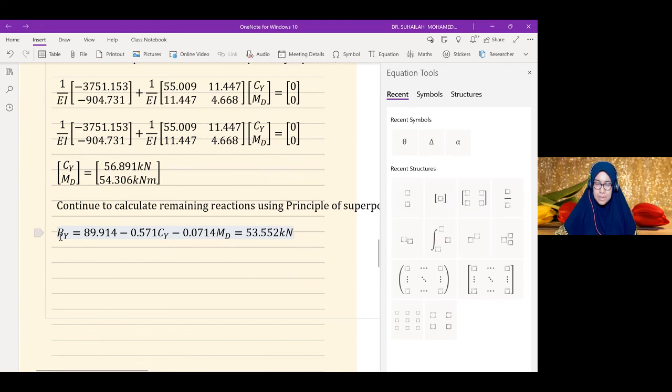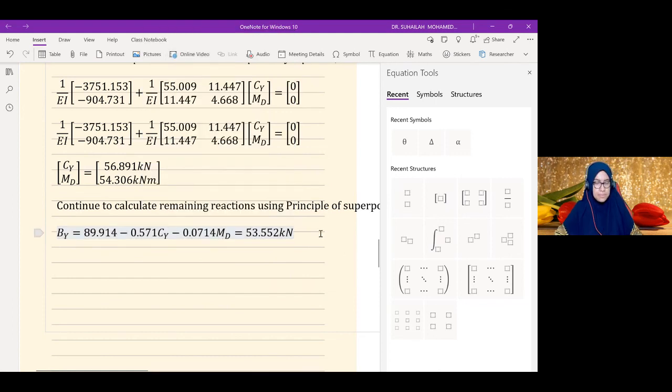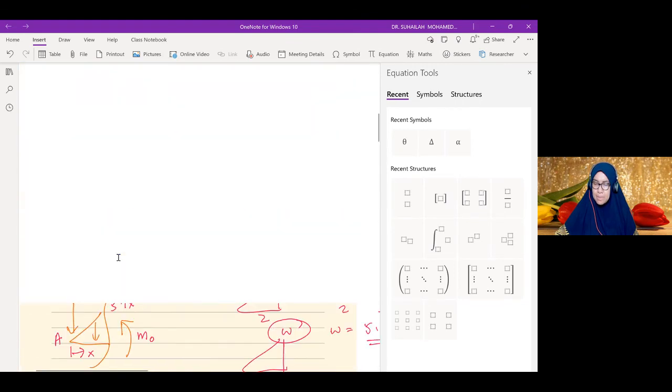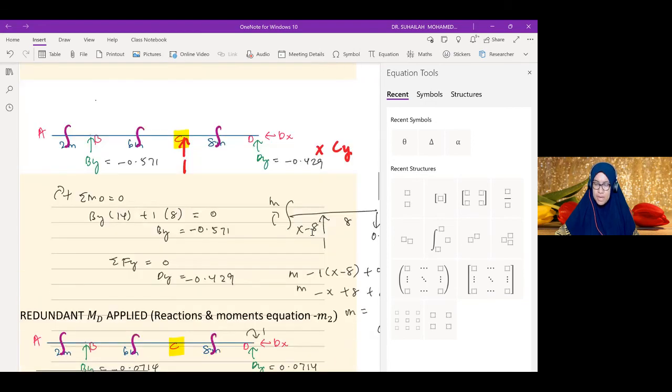And for dy, also same process. So dy in primary beam is 58.486.